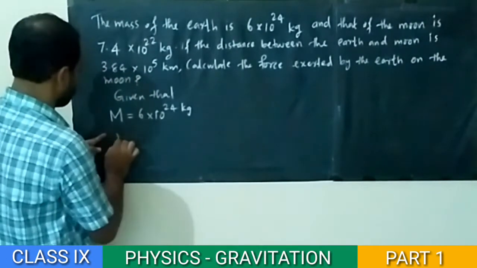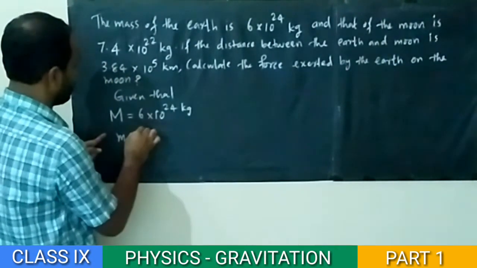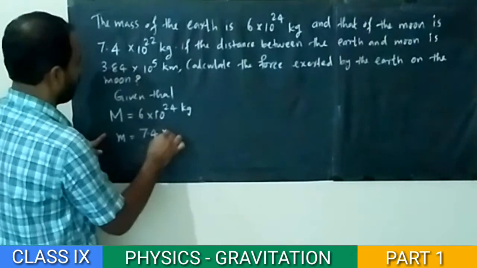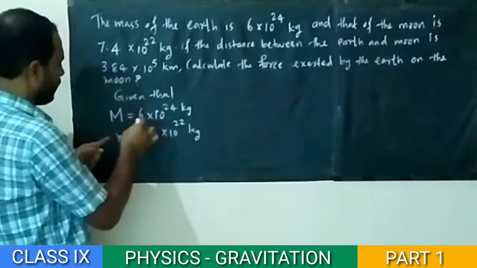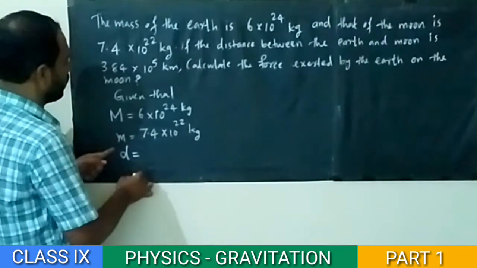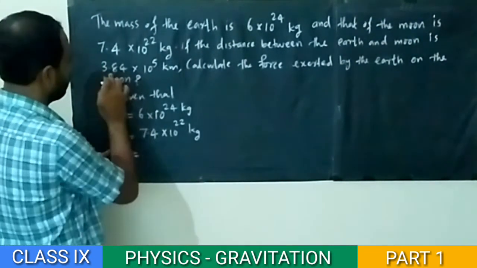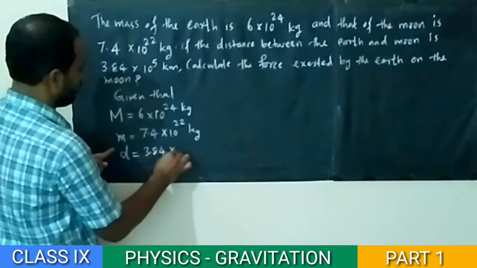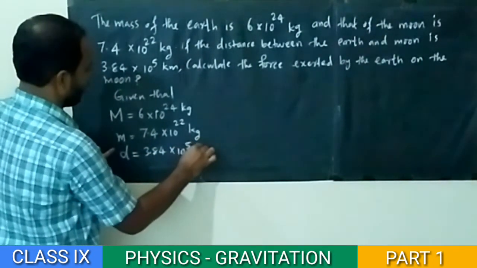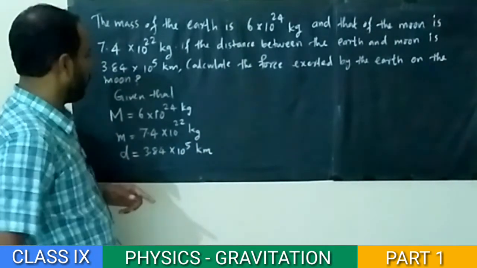Mass of the moon, small m, is 7.4 × 10^22 kg. Distance d is 3.84 × 10^5 kilometer.